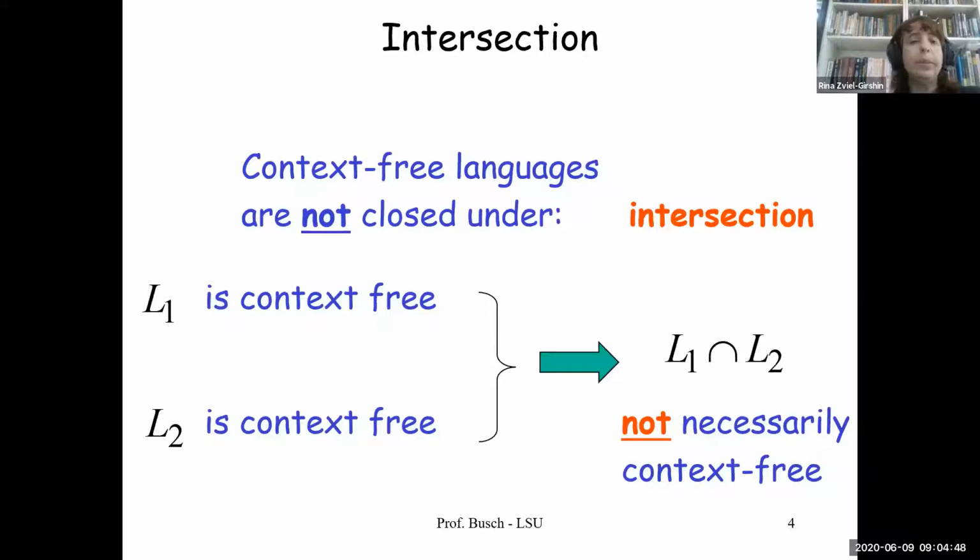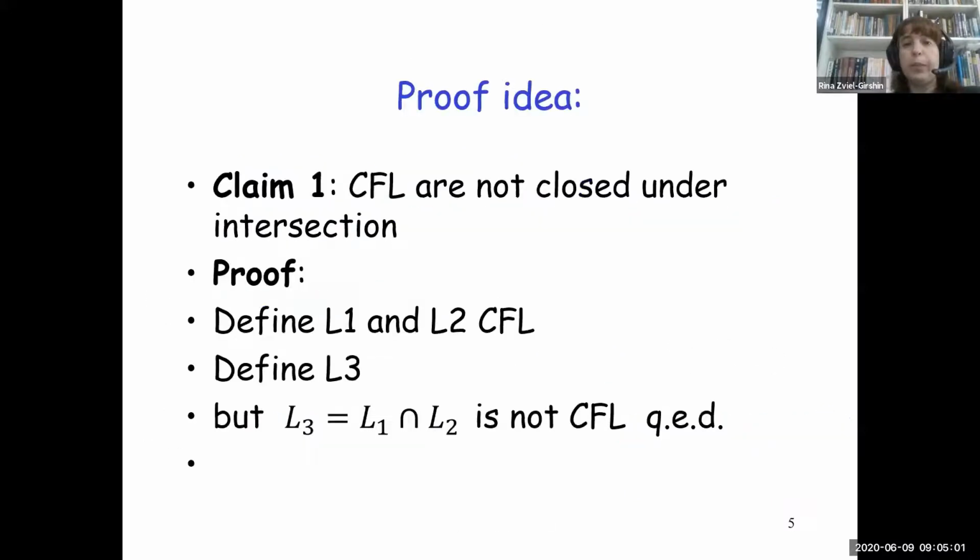So I would like to prove now that the family of context-free languages is not closed under intersection. I will choose two languages, L1 and L2, that will be context-free languages. I will define L3 as L1 some operation L2.